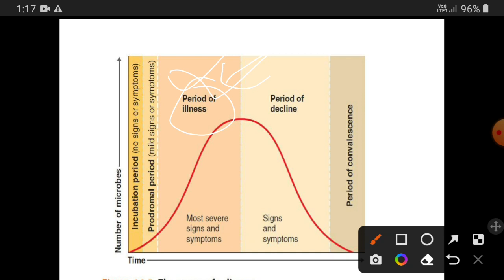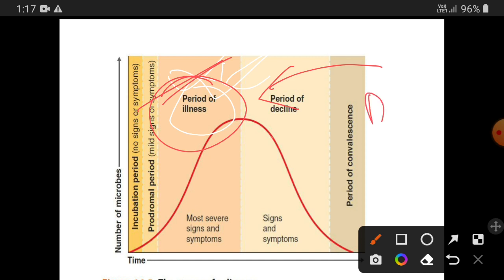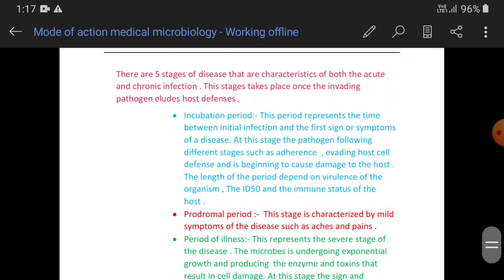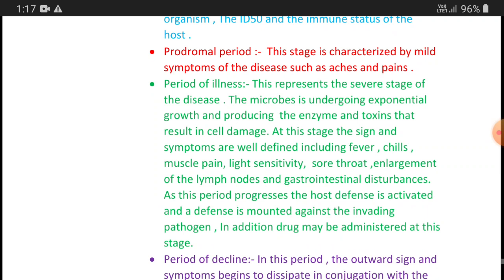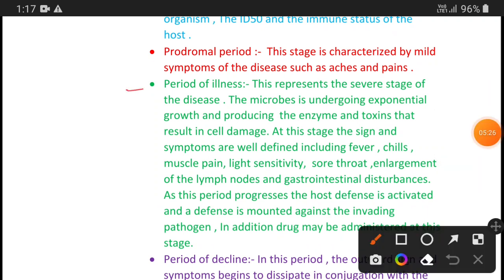This is the time when our host body system alerts about the invading pathogen. This is also the period in which medical practitioners have to apply drugs. They apply drugs during the period of illness.